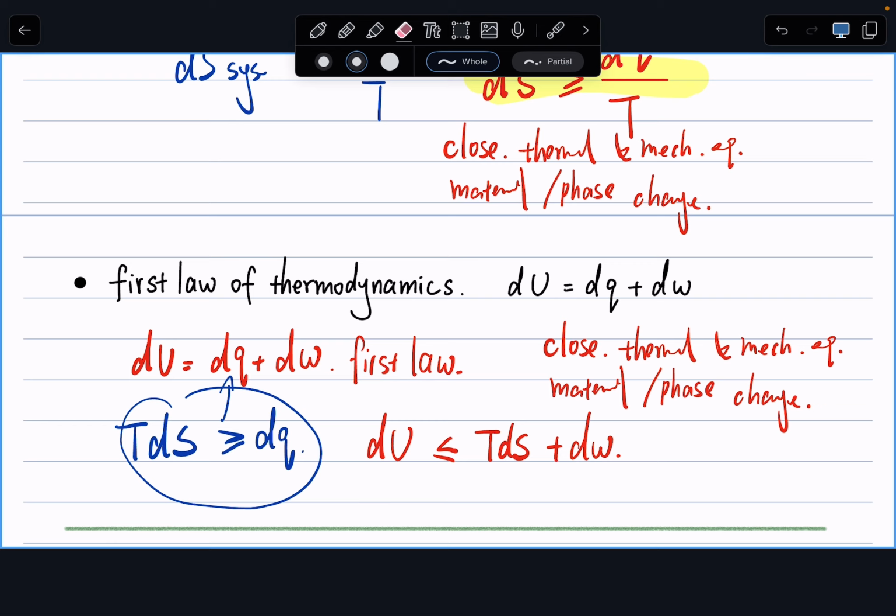All right, so this is using my first and second law of thermodynamics. We end up getting dU smaller than or equal to TdS plus dW for this closed system at mechanical and thermal equilibrium and not at material equilibrium.